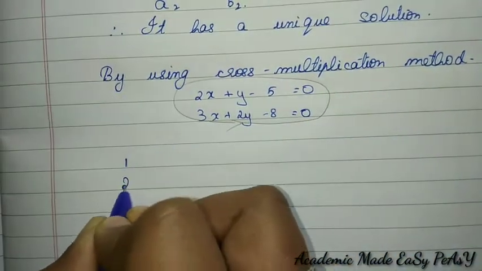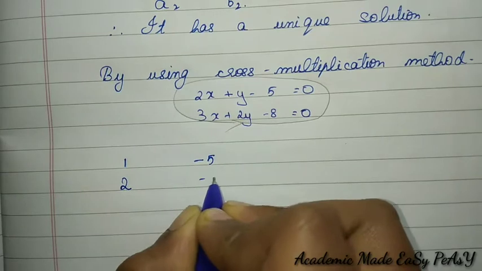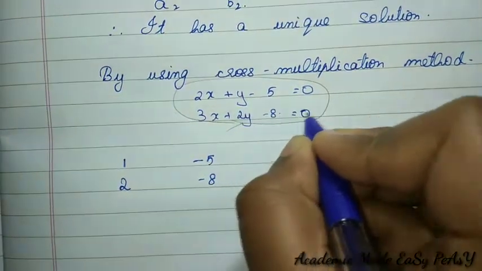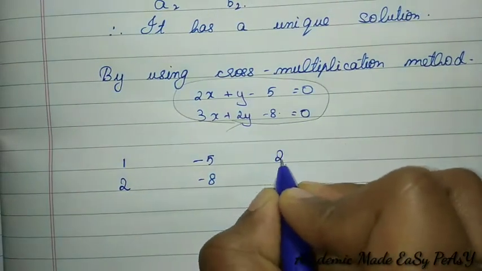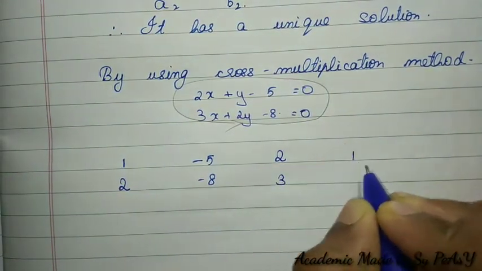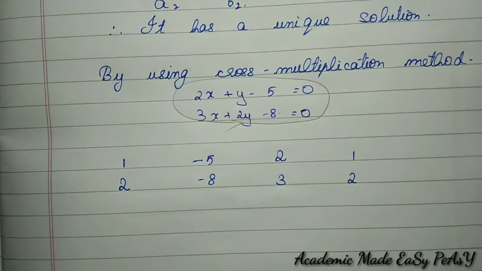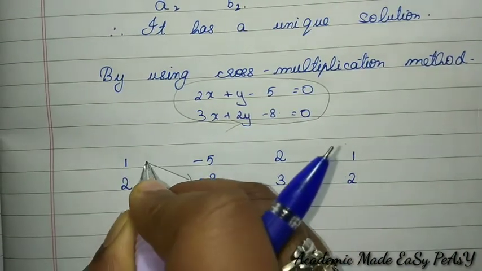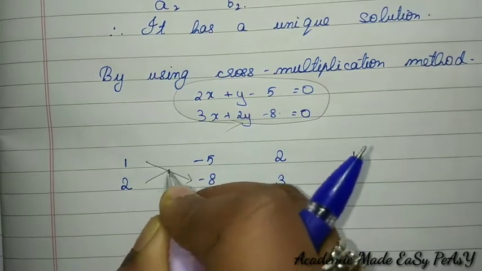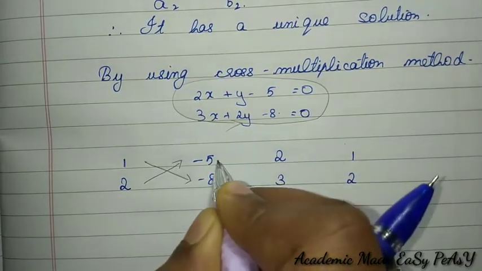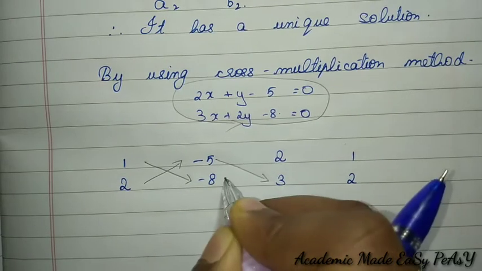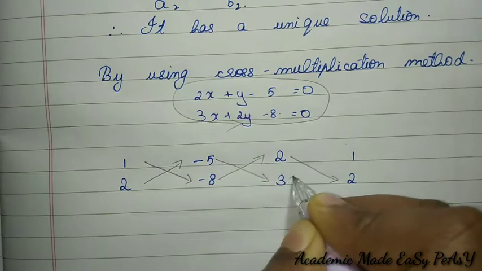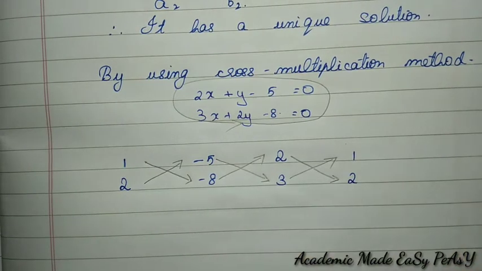So 1, 2, minus 5, minus 8, you have to write it as it is. Okay, so these two are over. So now we will come to A. 2, 3, 1, 2. Okay, so now let's start drawing the arrow marks. So B1 to C2, B2 to C1. So next it is C1 to A2, C2 to A1. So A1 to B2, A2 to B1.